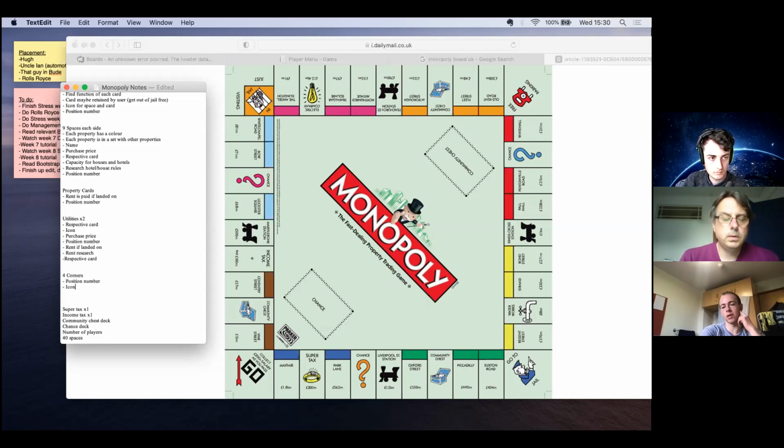For go to jail, you go to jail. For free parking, you pick up however much money was on that free parking space. So there's a game rule for each one. And perhaps you can write those down.